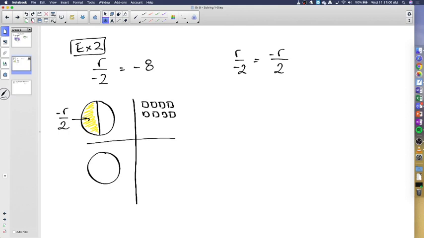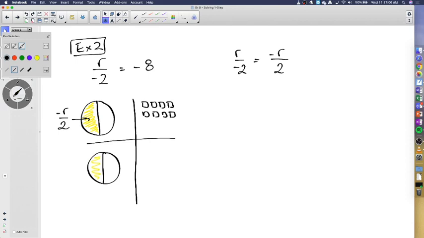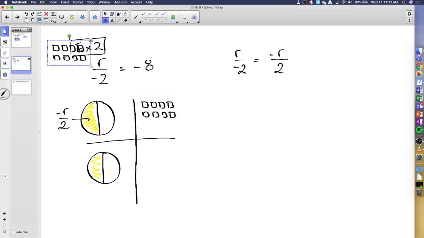And so if I was to do the same thing and I color in my 1/2 here, I need to have my 8 negatives. I'm just going to try and cheat here a little bit so that you don't have to hear me smacking the smartboard with the pen. So I've got my 8 negatives there when I color in that half. So every half is 8 negatives.